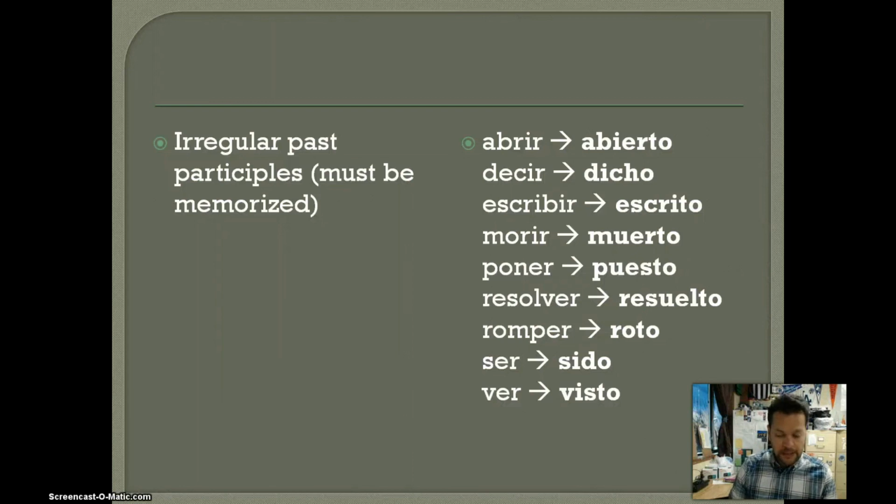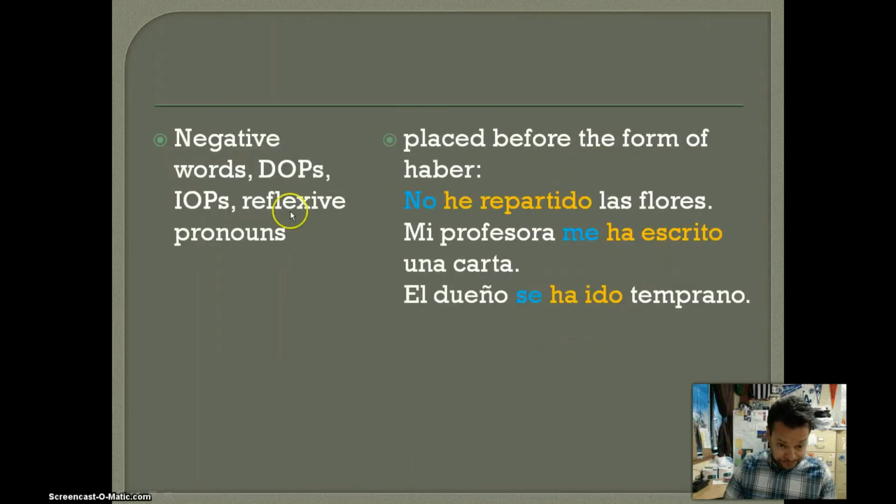All right. Okay, señoritas y señores, the return of a bunch of pronouns like direct object pronouns, indirect object pronouns, reflexive pronouns. Now, if you are using any of these pronouns, and if you're using the word no, that gets placed before the form of haber.